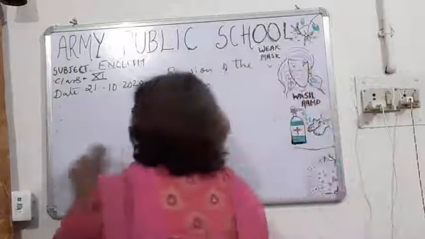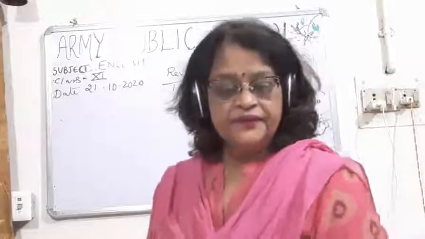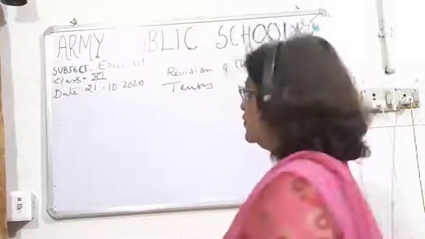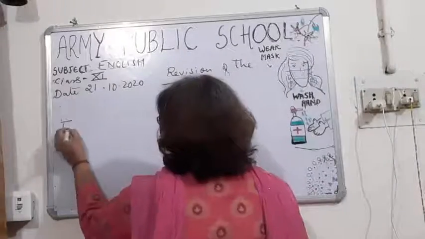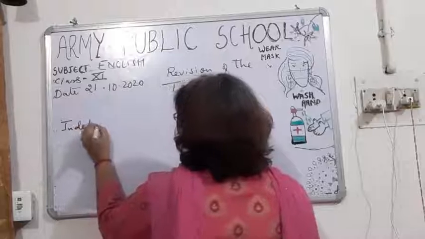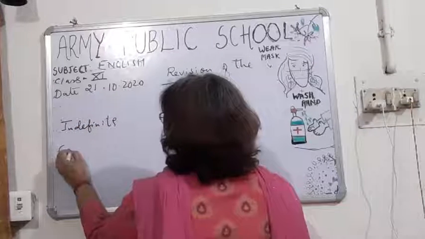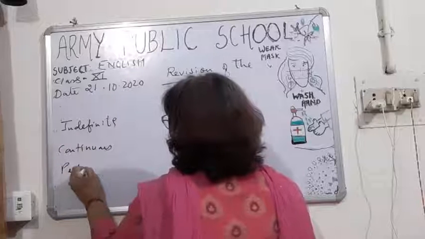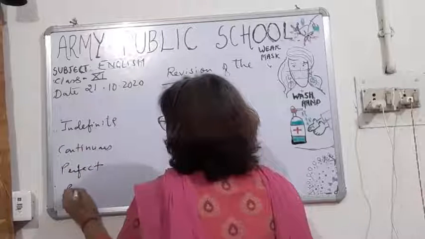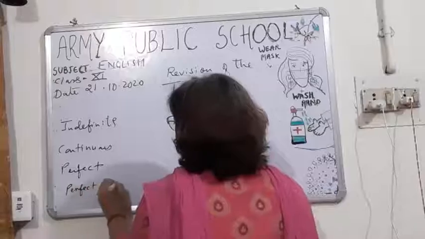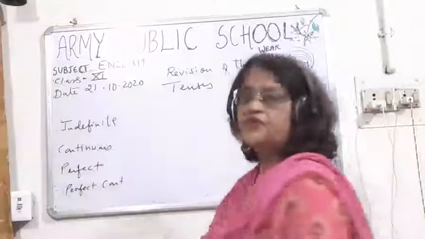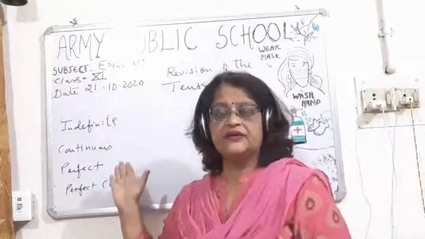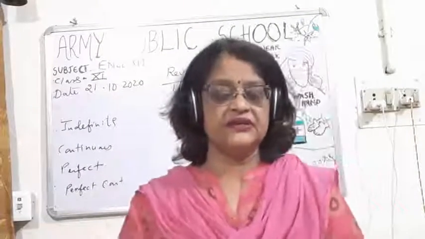Those four types, whose names I am going to write, which tell you the degree of completeness of an action, are indefinite, continuous, perfect, and perfect continuous. So these are the four ways in which the degree of completeness of an action is discussed.